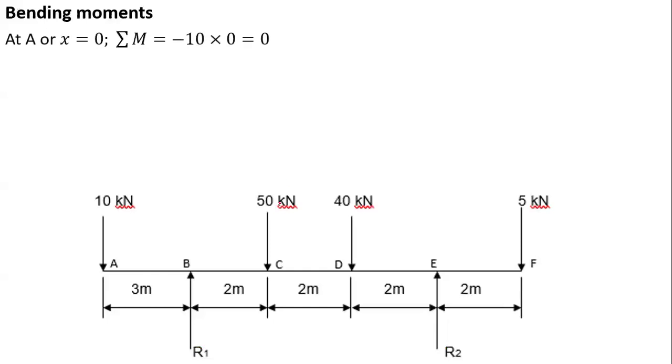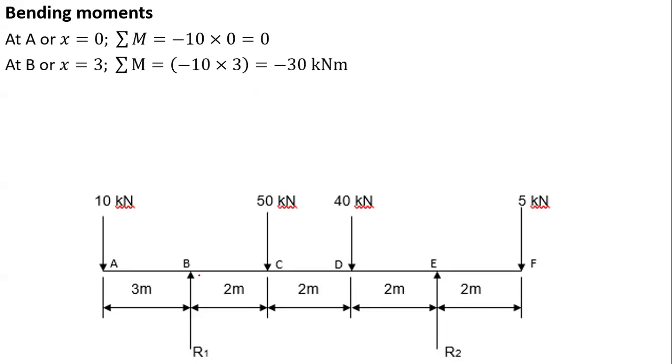Look at point A. When I'm standing at point A, my distance from the left is nothing, so it's 0. So I have negative 10 by 0. The sign convention is not supposed to be your stress; the forces that were negative remain negative. We'll use them like that. So for point A, it's 0.